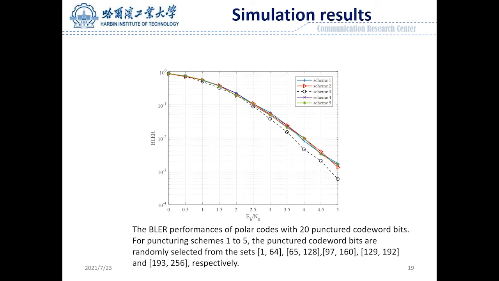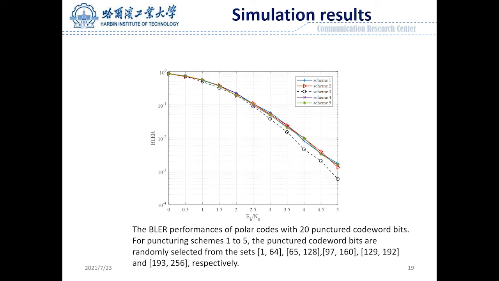We also provide the block average performance of polar codes by randomly puncturing 20 codeword bits in the aforementioned sites. We can see that scheme 3 also has the best BLER performance.